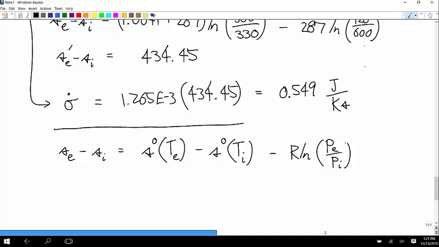And yeah, let's just, oh, I got it right here. So the temperature at the exit is 300 degrees Kelvin. These temperatures are in Kelvin, yeah, 300.